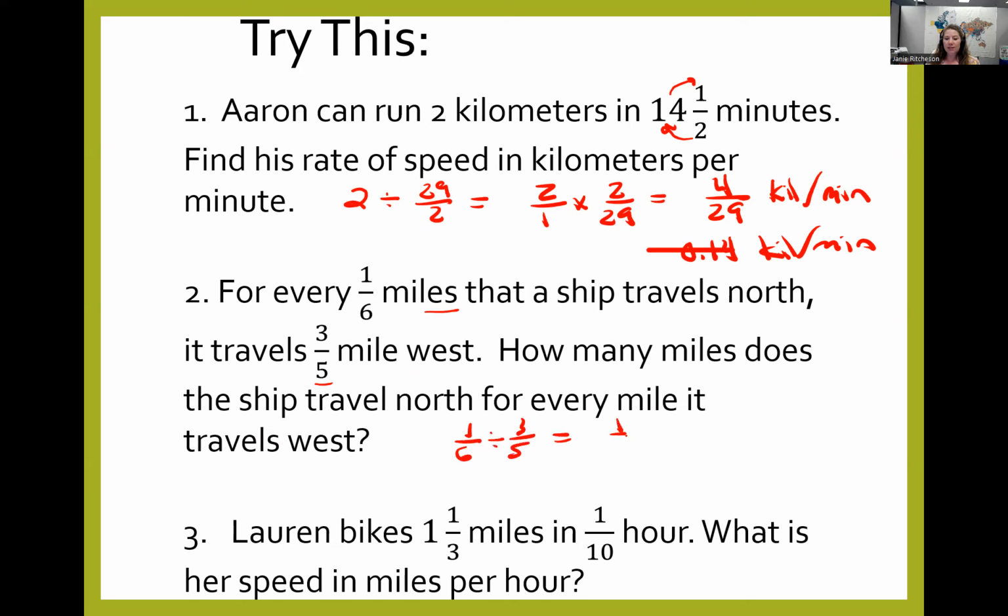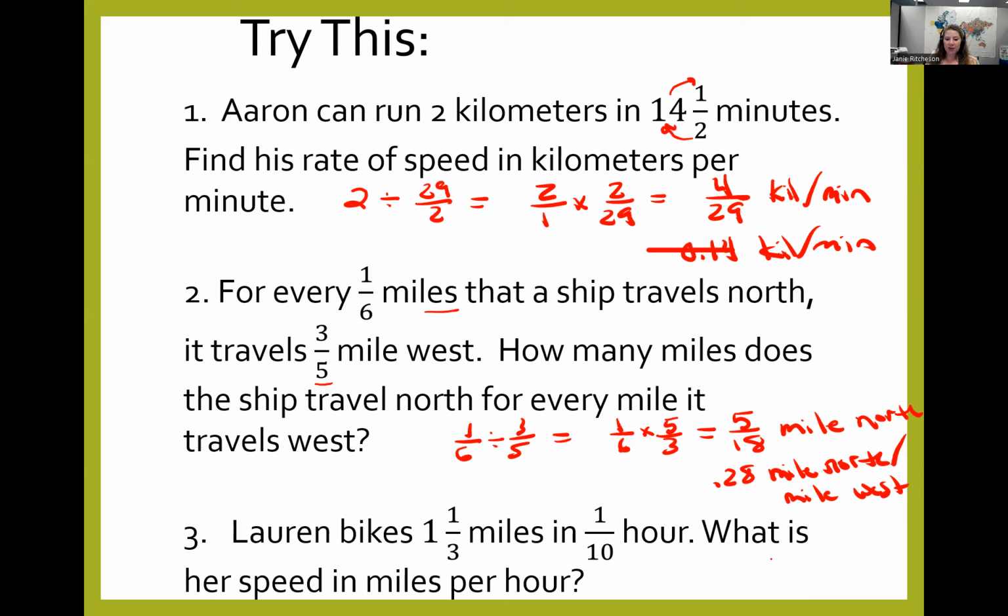So I'm going to keep it, change it, flip it, multiply straight across, and I get 5/18 of a mile north per mile west. That's hard to write, but anyway, that's what it is. So if I divide 5/18, I get about 0.28 miles north per mile west.